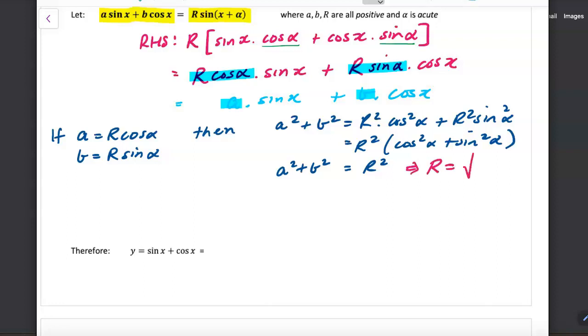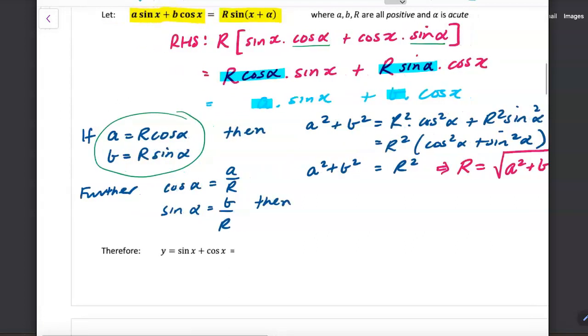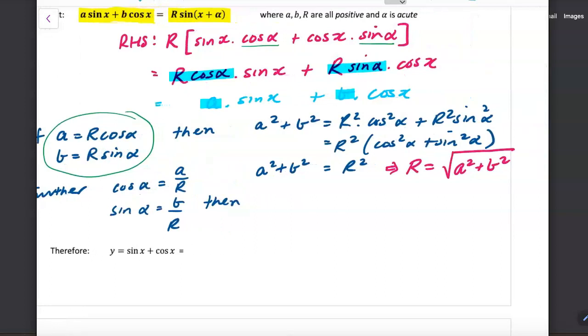What this allows us to do is come up with a formula to work out R, that amplitude of the sin x plus cos x graph. Further to this, using a equaling R cos alpha and b equaling R sin alpha, if we wrote them in terms of cos alpha and sin alpha, we would have a over R for cos alpha and sin alpha would be b over R. What this allows us to consider is how we can work out the value of alpha, that angle.